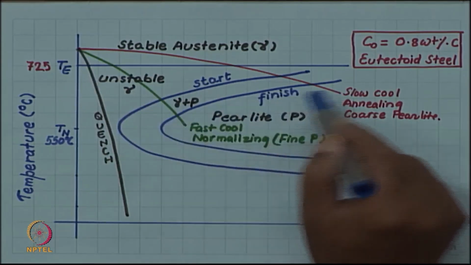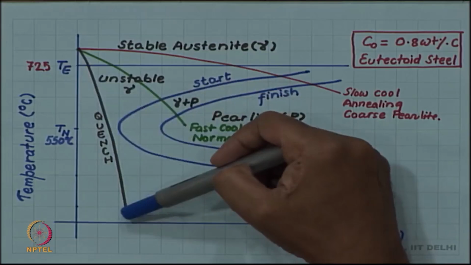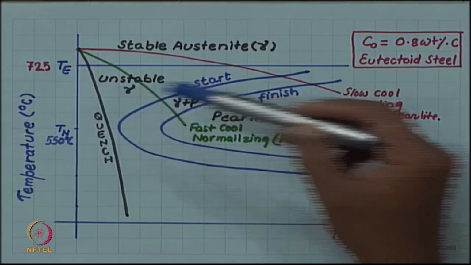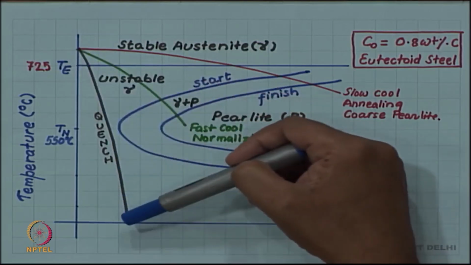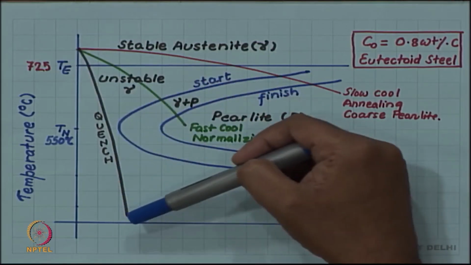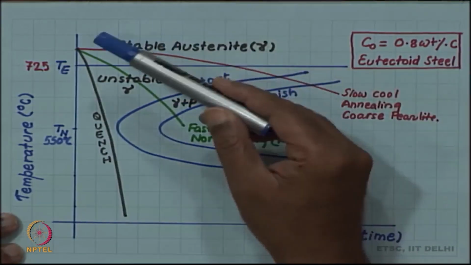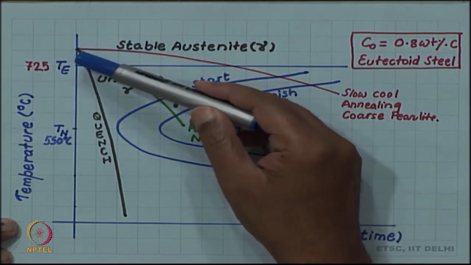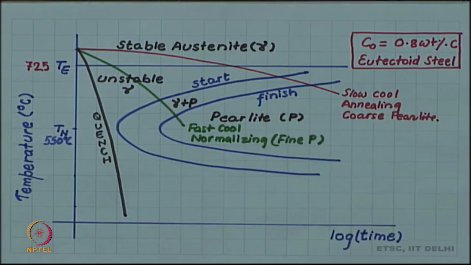So, these situations are analogous to the liquid to solid transformation, and there when we cooled the liquid so fast that it missed the nose of the C curve, then we retained the liquid structure right down to the room temperature, and that was supercooled liquid or glass. So, one possibility was that if we cool austenite very fast, do we retain this high temperature phase? Do we retain this austenite down to room temperature, down to low temperatures? However, in the case of austenite, this does not happen.